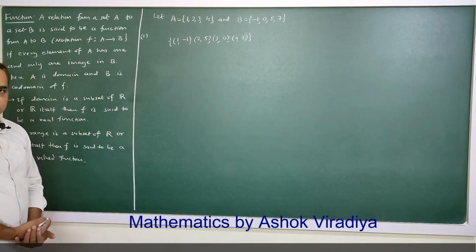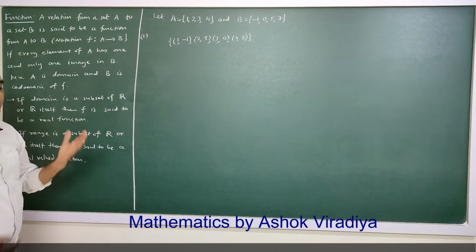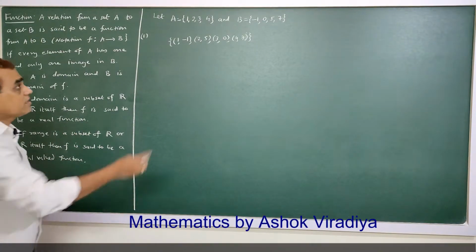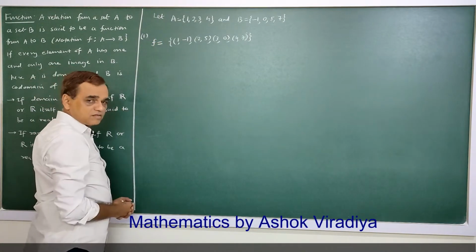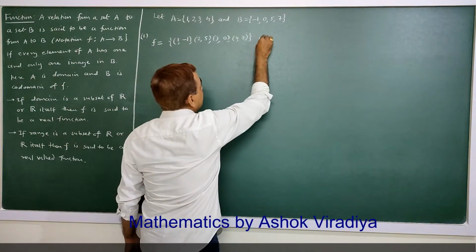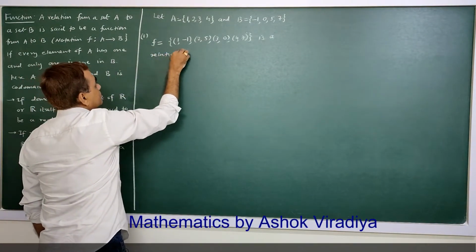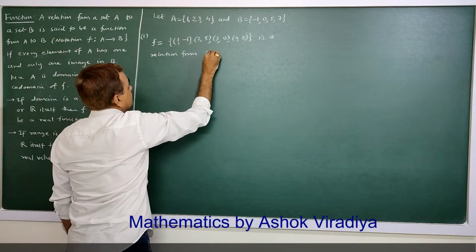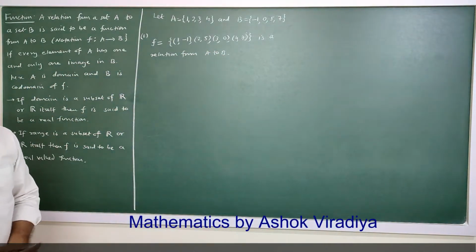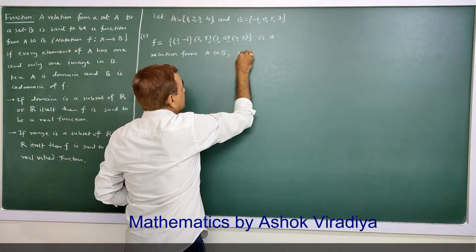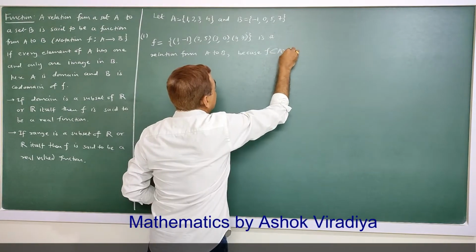This is a relation from A to B. This relation I denote by F. It is a relation because F is a subset of A cross B.